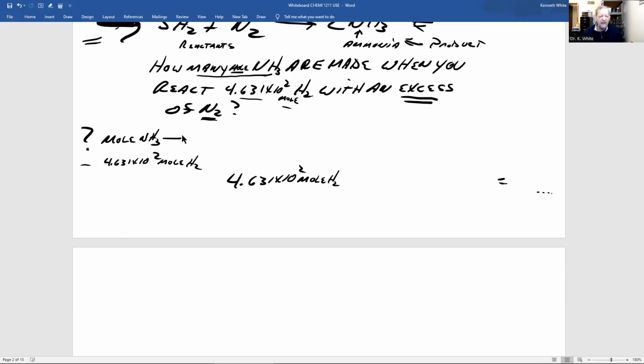All right, this is what we're trying to get to: moles of ammonia. We had a ratio. What goes on top and bottom of that ratio? Units. Your turn.